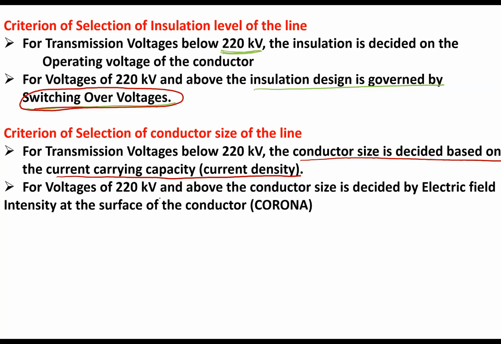So for voltages beyond 220 kV, the conductor size is decided such that the electric field intensity at the surface of the conductor is reduced. So the major design criteria for the size of the conductor for voltages beyond 220 kV is corona. We have to design the conductor such that the corona does not occur.